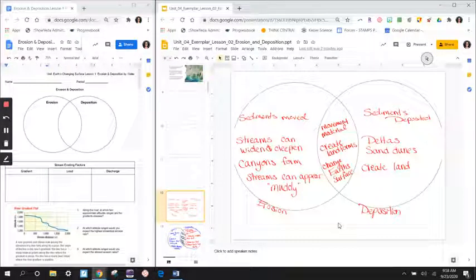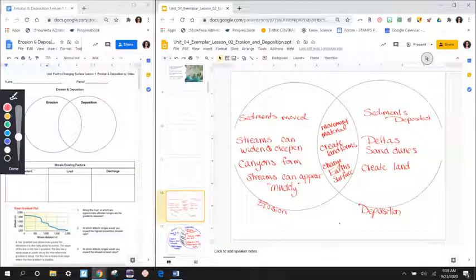So as you looked at erosion and deposition, here are some things that you could have put in your Venn diagram. So erosion, so this is erosion here.